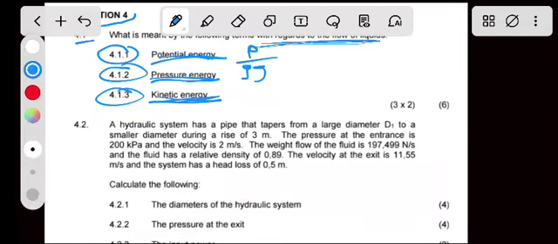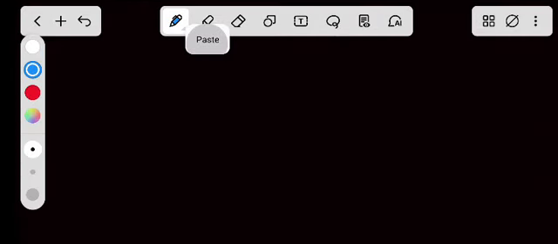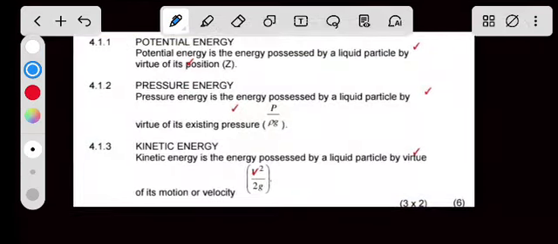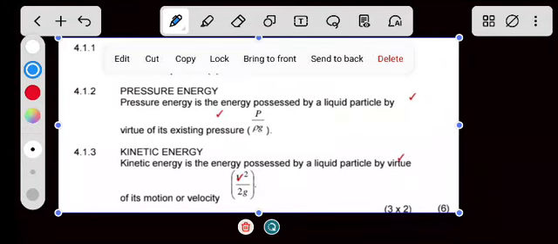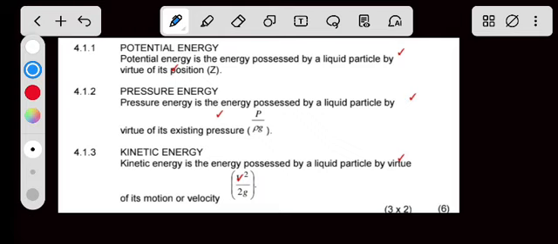Let me show you something. The potential energy is the energy possessed by a liquid particle by virtue of its position.